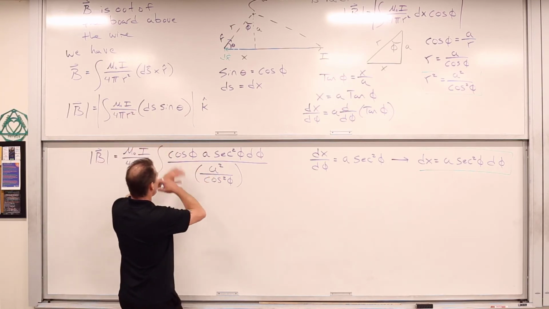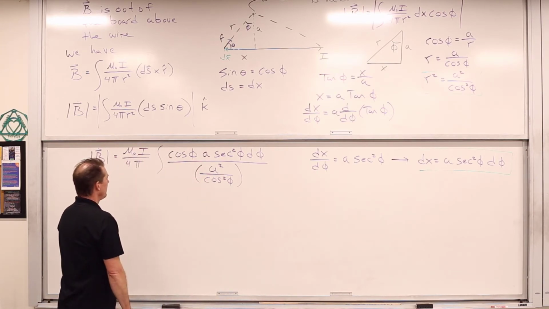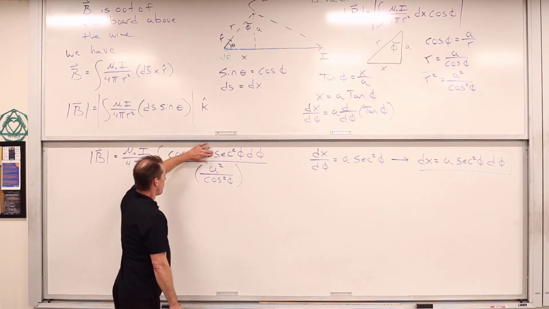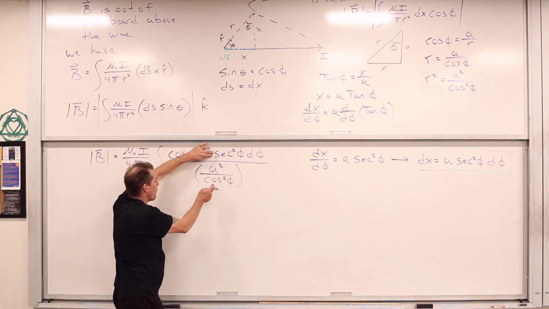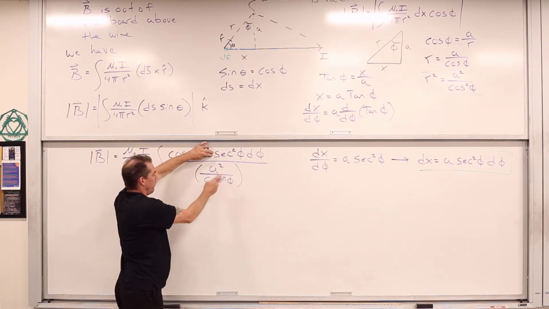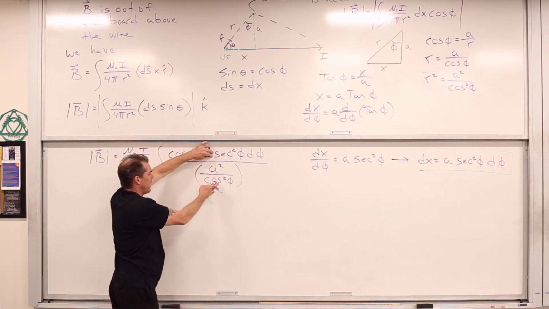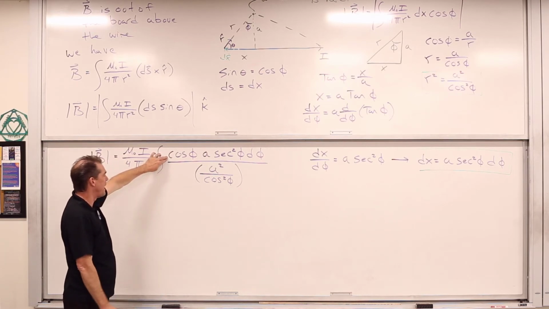And then we've got all this cosine squared, secant squared stuff going on. Well, look at this. We've got secant squared phi right there, and then we've got divided by the quantity of 1 over cosine squared phi. Well, 1 over cosine squared phi is the same thing as secant squared phi. So we'll have secant squared divided by secant squared, which just goes away, leaving us with this cosine of phi right here.